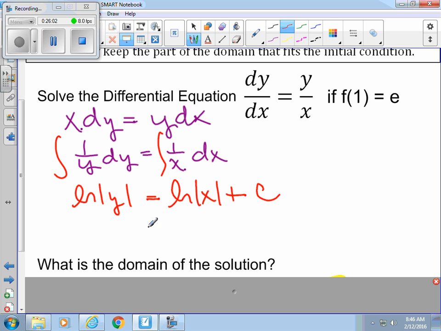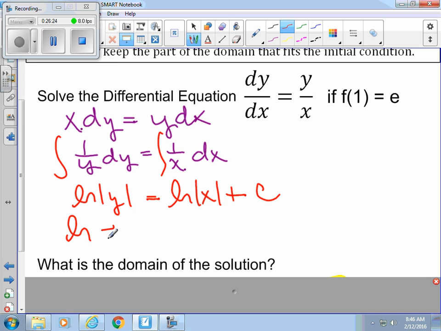Find C. I always recommend you do it at this step. Of course, you could find C at any step along the way, but it will be easier before you solve for y to go ahead and have all numbers. So that's why I have you do it at this step. But I do want you to know if you did it later, you wouldn't be wrong. Just more chance of messing up, in my opinion.